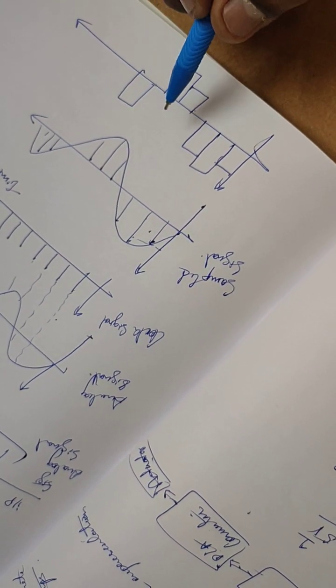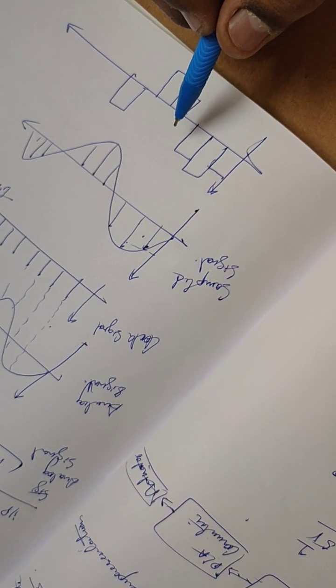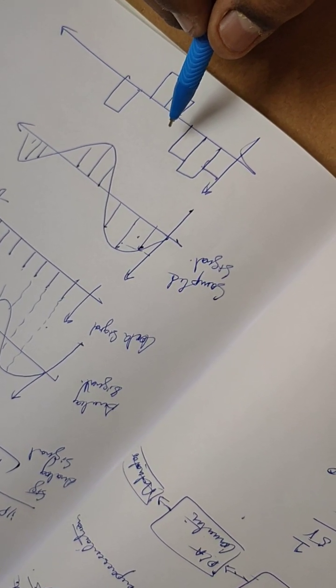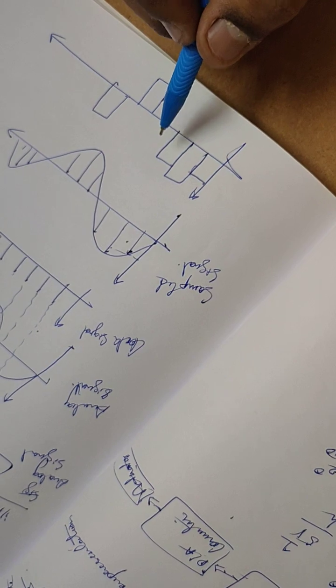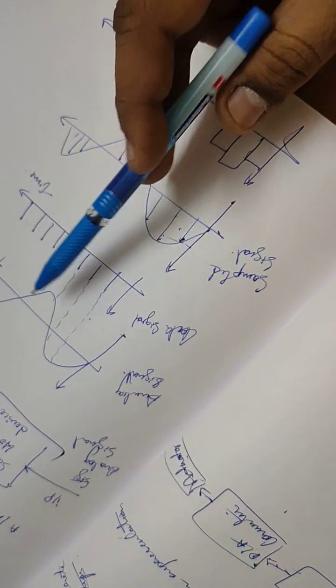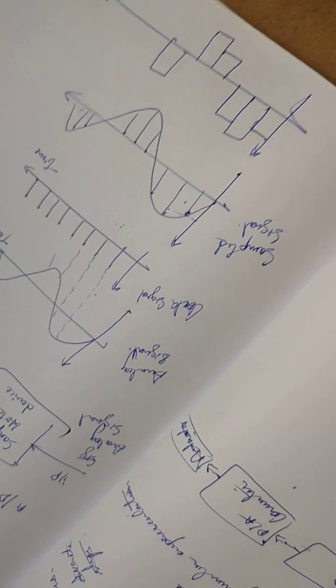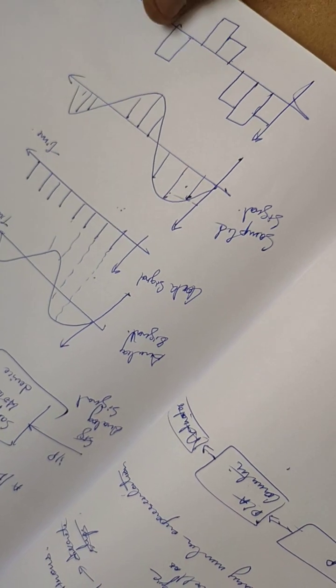The sample and hold unit is necessary because analog to digital conversion requires a finite amount of time, that is the conversion time, to convert the analog signal into a digital signal. That's the reason why we use a sample and hold device.